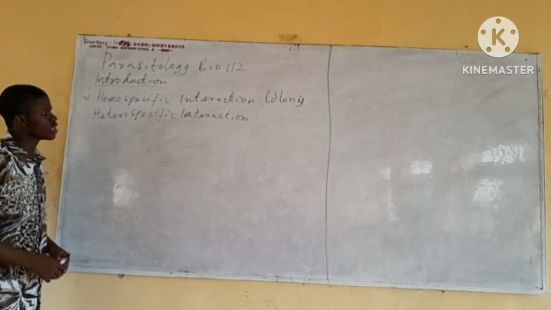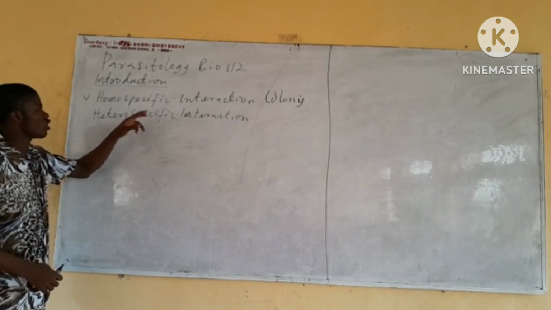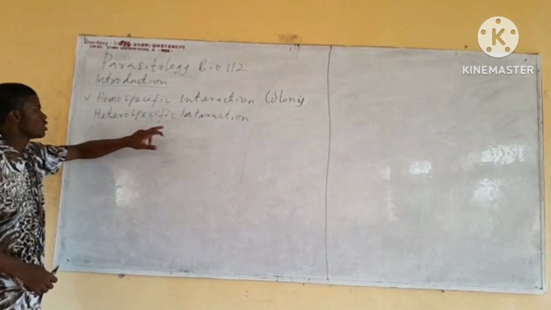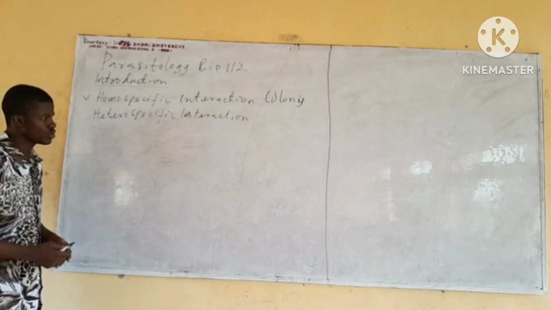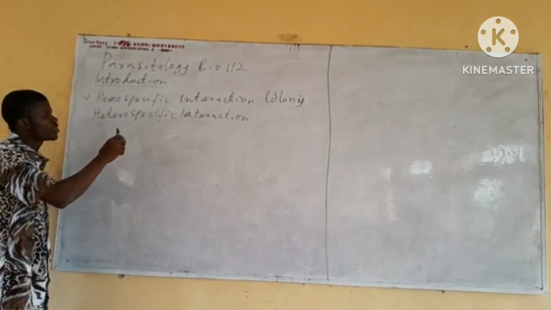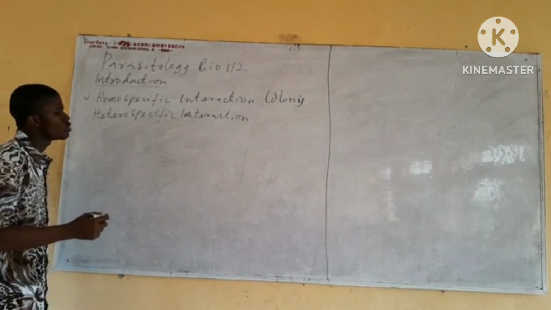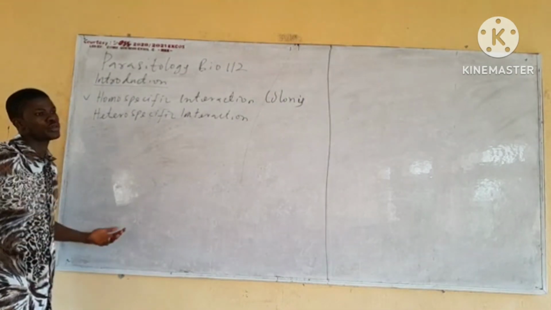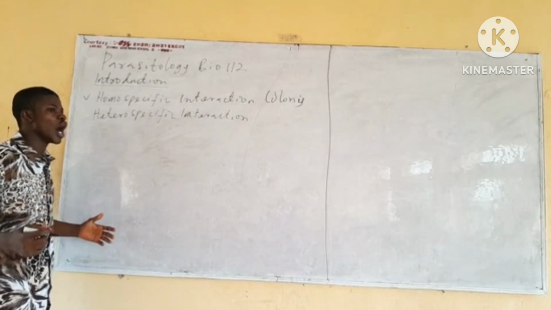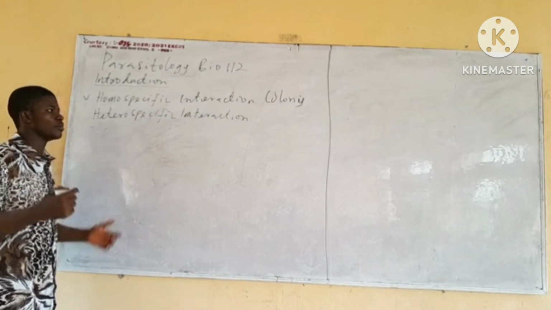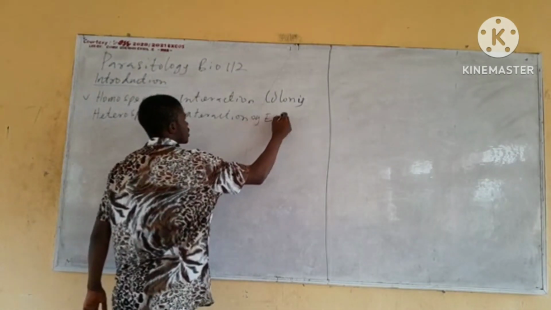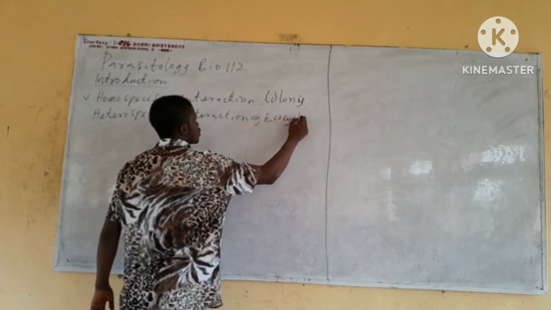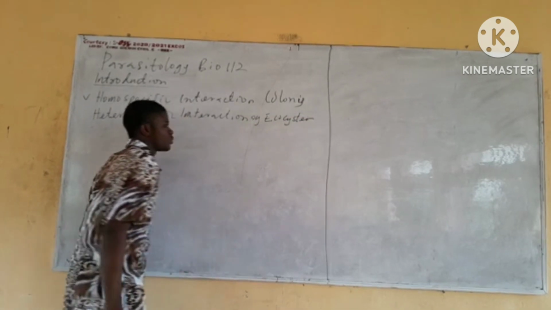So we must take note that homospecific occurs in the same species, while heterospecific occurs amidst organisms of different species. And heterospecific interactions occur in a larger form amongst an ecosystem. That's where you can see such interaction.